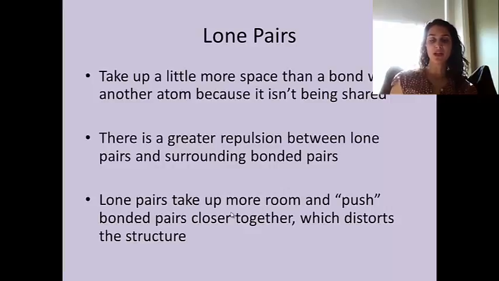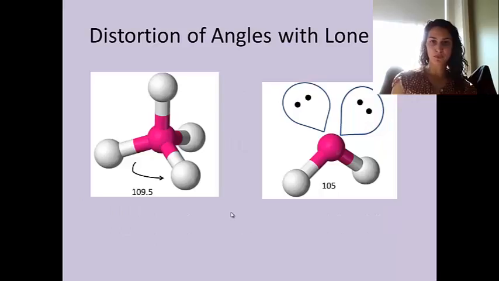And repulsion meaning they're repelling more between the lone pairs and the covalent bonds on the central atom. So the lone pairs take up a little bit more room and in a sense push the bonded pairs closer to one another in order to get the greatest angle from each other. And this in turn distorts the structure.